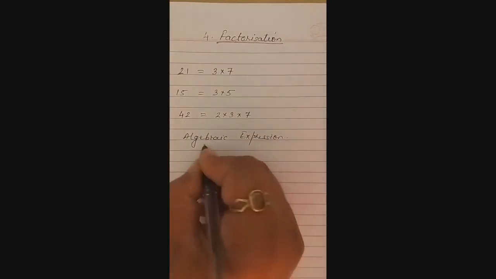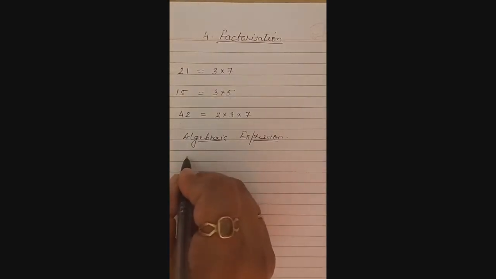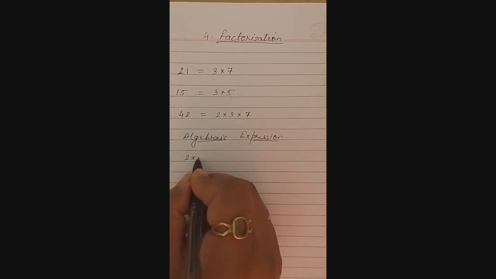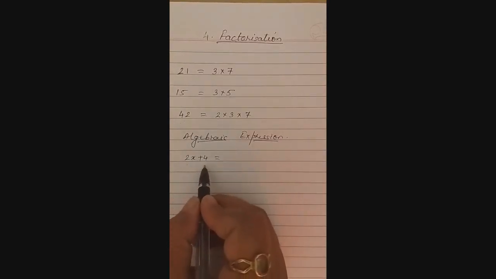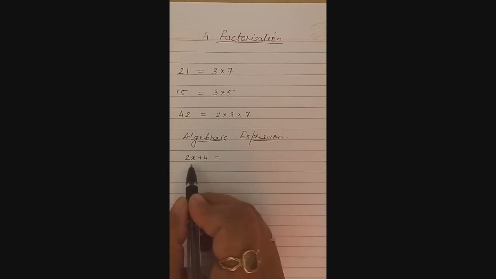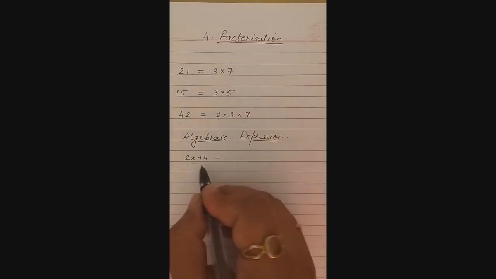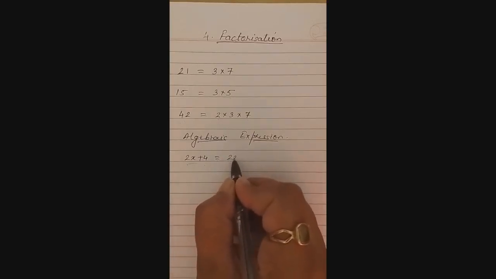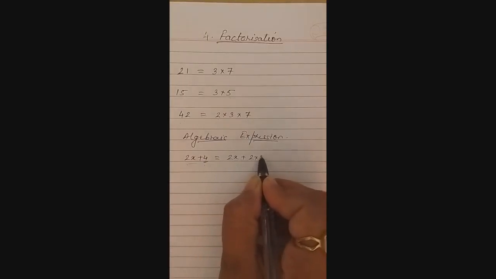Let's start with a very simple example. Suppose I ask you to factorize 2x plus 4. This is an algebraic expression, and I am asking you to resolve it into factors. So I can write 2x plus 4, writing 4 as 2 into 2.